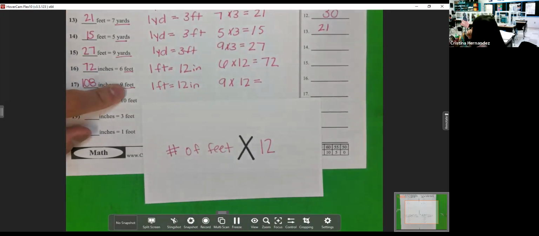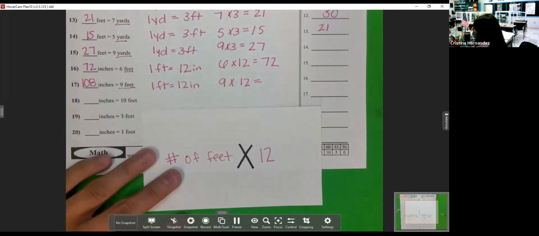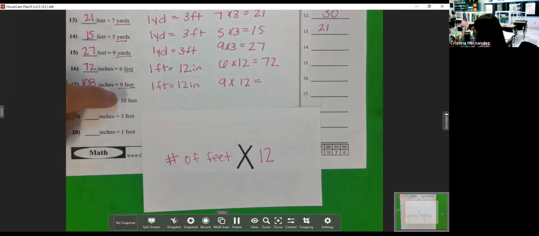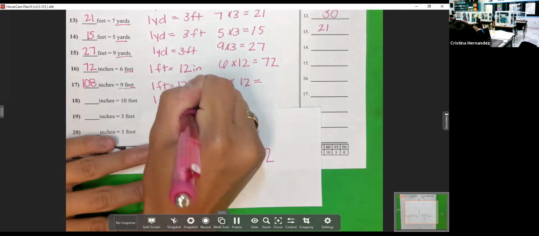What you need to understand. Okay. In class. How many inches are in a foot from y'all in class? 12. So 1 foot equals 12 inches.